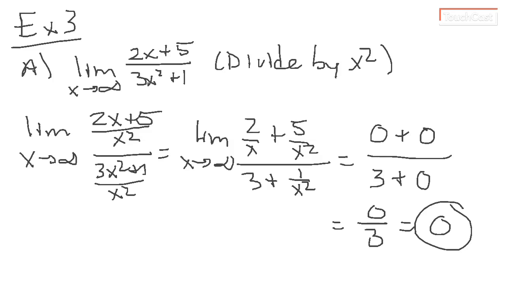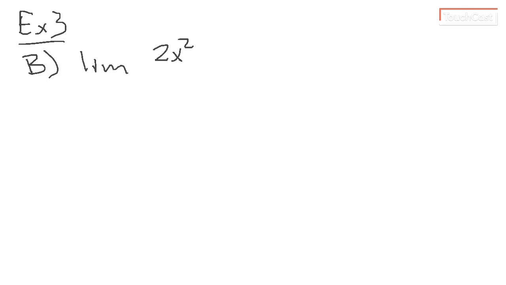I have 2 more I want to look at. So this is still in example 3, but this one is 3b. We're going to look at the limit of 2x squared plus 5 over 3x squared plus 1 as x goes to infinity.